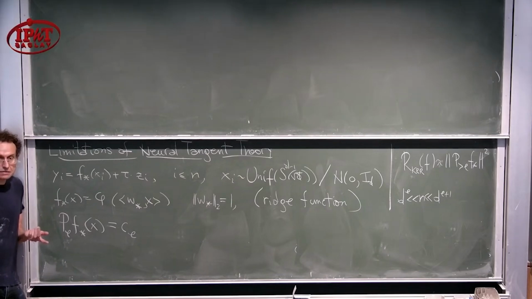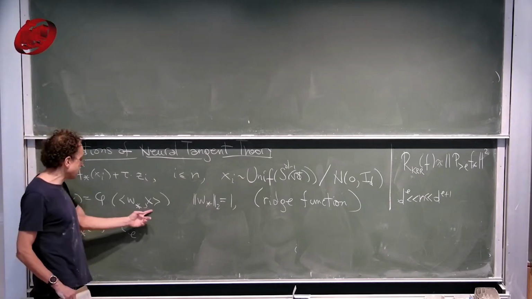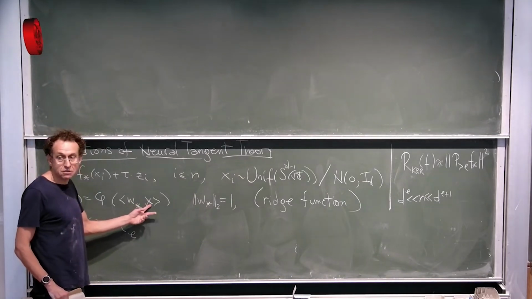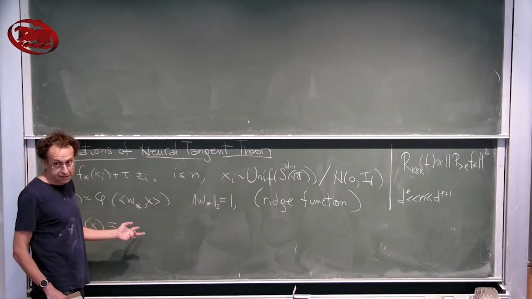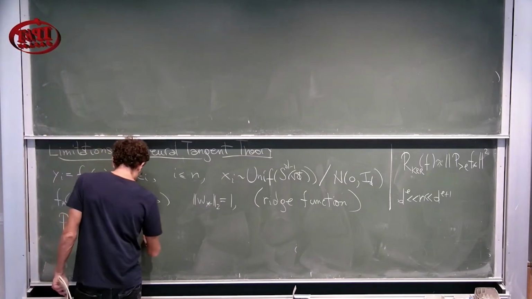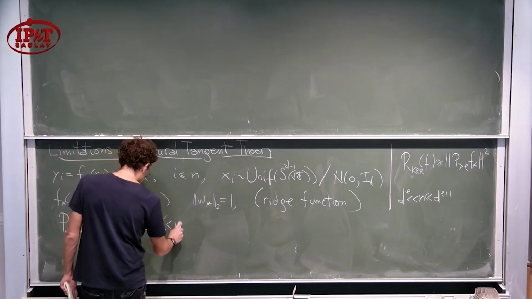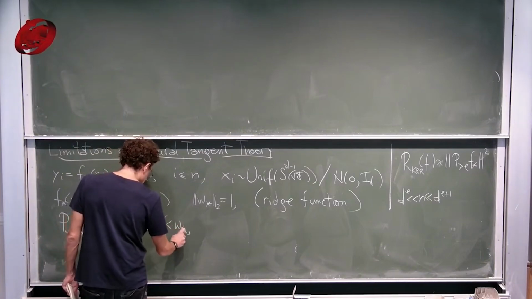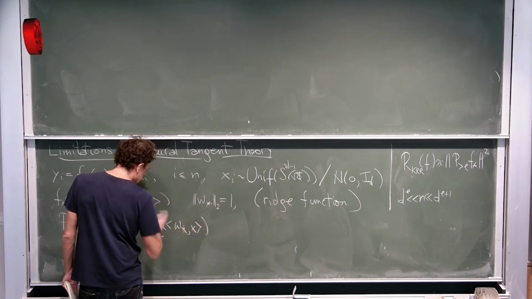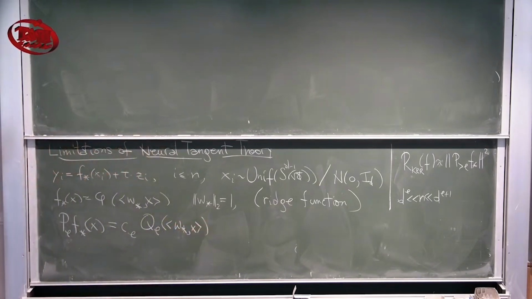This will be a function of w star times x, and will be a polynomial of degree l. There will be one unique polynomial of degree l that spans the spherical harmonics that are invariant under rotation.